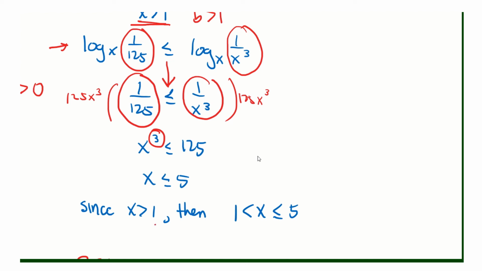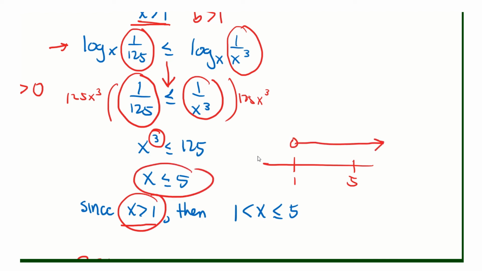Since x is greater than 1, okay, 1, there's 5. Base condition is x greater than 1. Solution says less than 5 or equal to 5. So the final solution set is between 1 and 5, including 5.